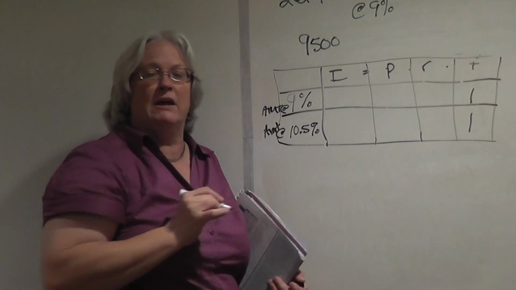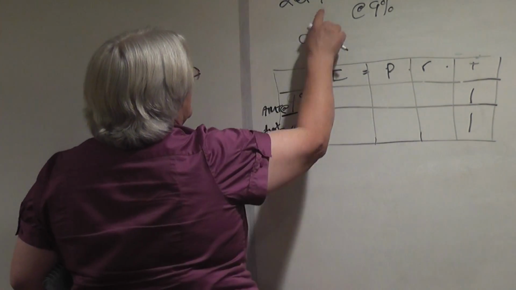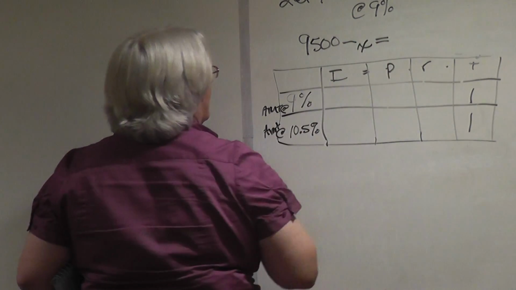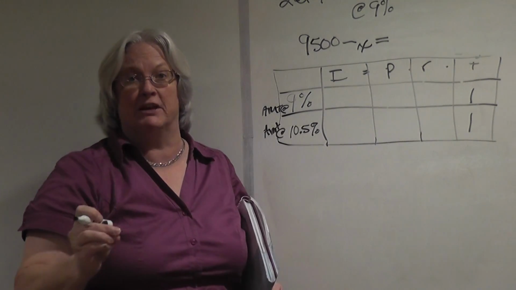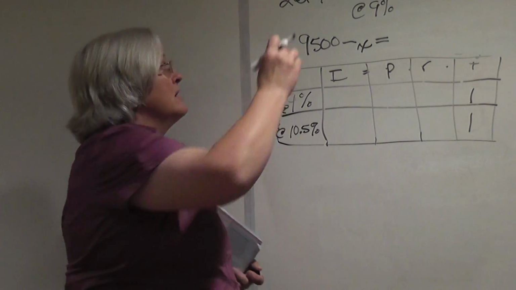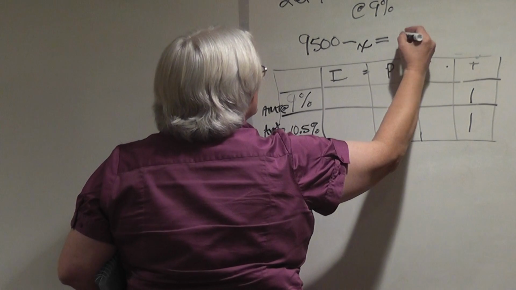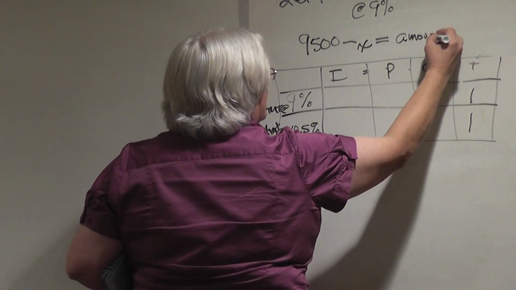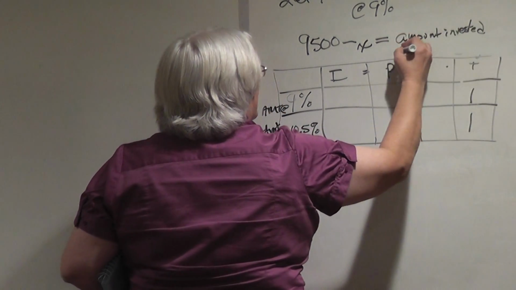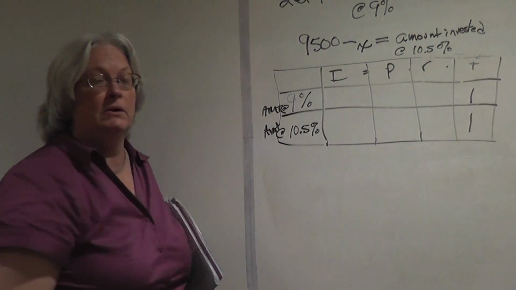So if he invested a total amount of $9,500, and we know that he invested some unknown amount X at 9%, then if we take 9,500 minus the amount that he invested at 9%, which we're representing with X, that is the amount that he invested at 10.5%. So that's the amount invested at 10.5%. Okay?